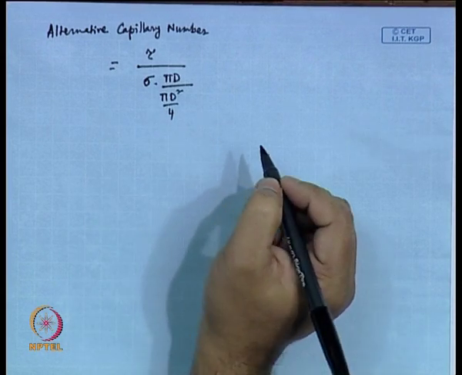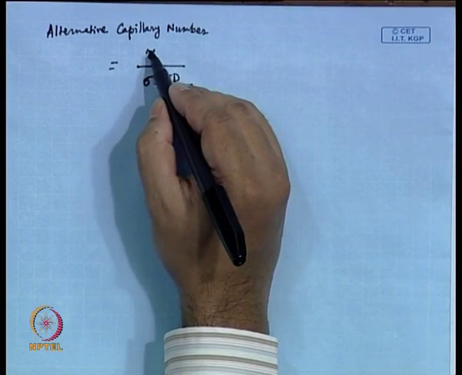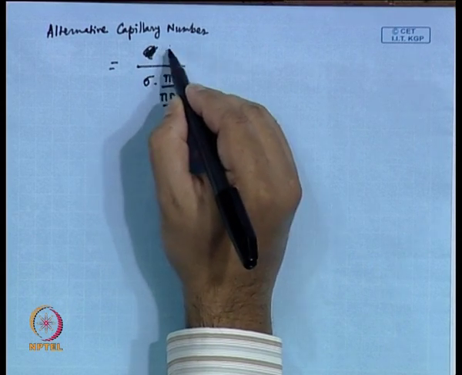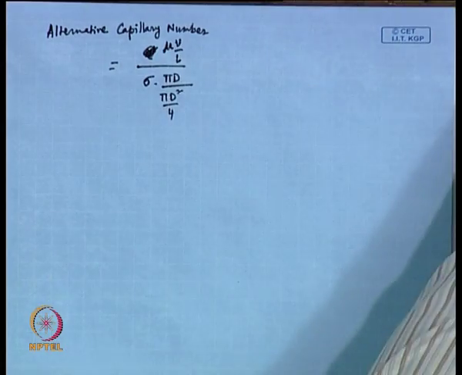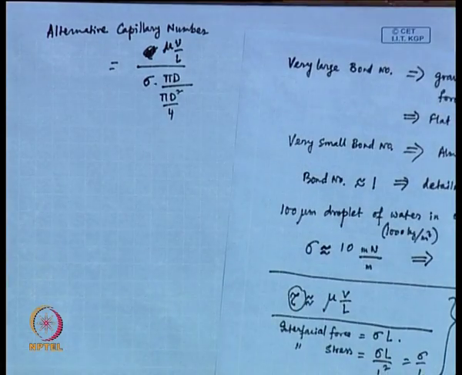What do we do here? On the top, instead of tau you can write this as mu v by L. That is what we have done earlier here, that tau is equal to mu v by L.